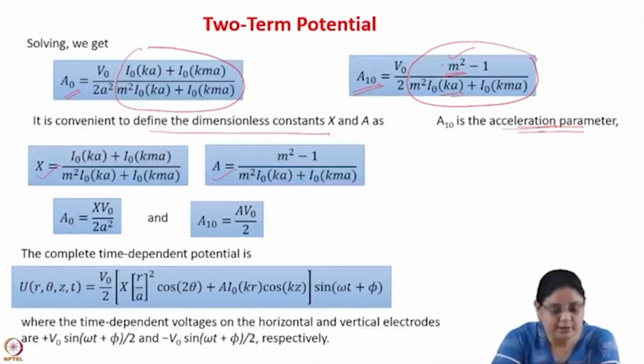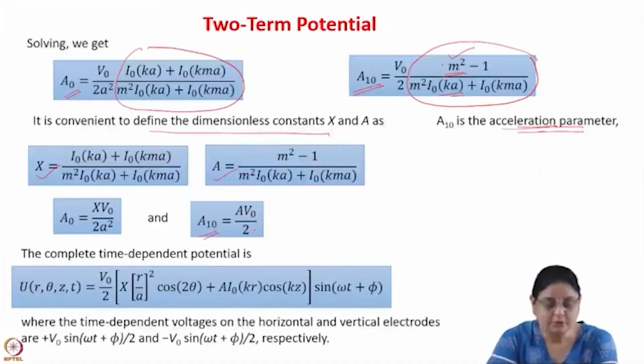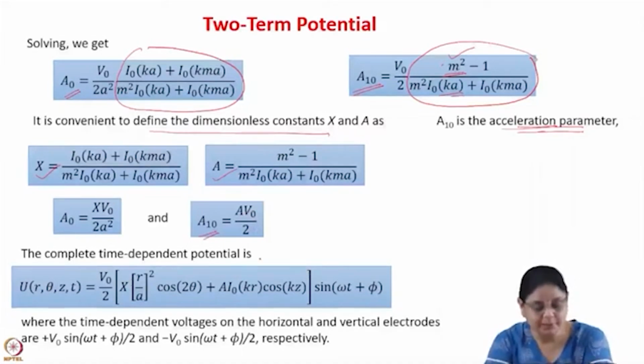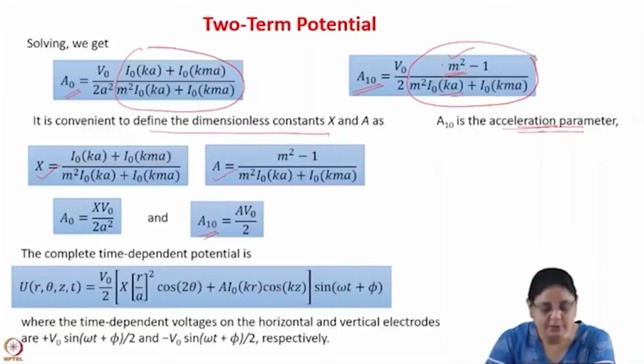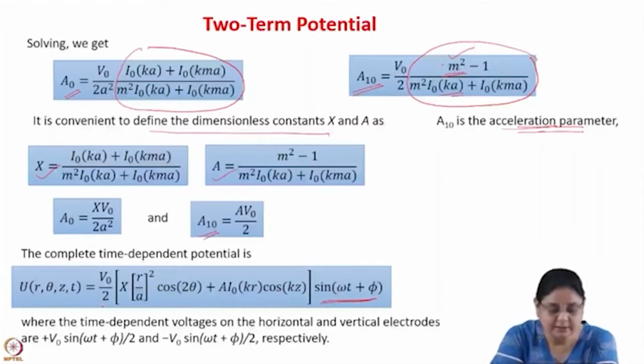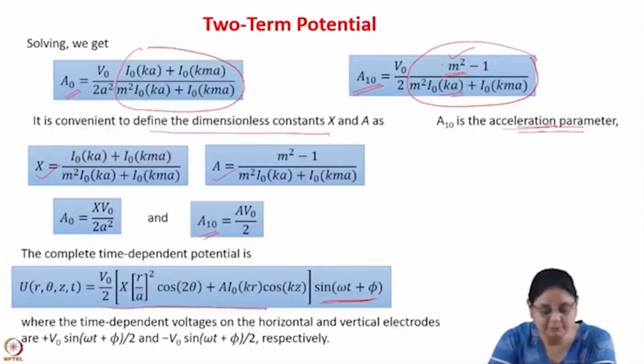So now we can write A0 as X V0 by 2a square and A10 can be written as A V0 by 2. Then we can substitute the values of A0 and A10 in the two term potential, and for the time dependent potential we include sin omega t plus phi, and we get the complete time dependent potential.